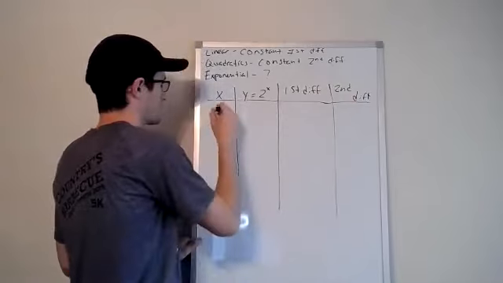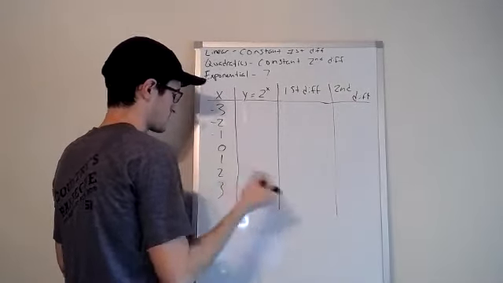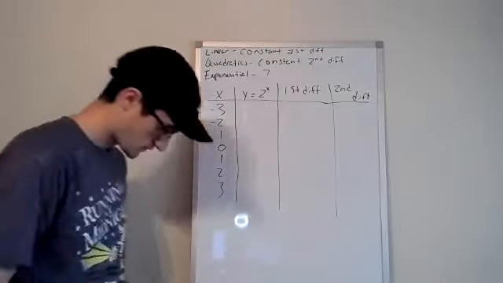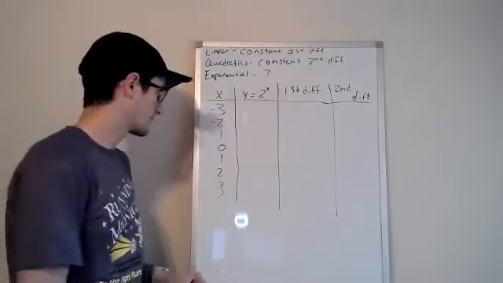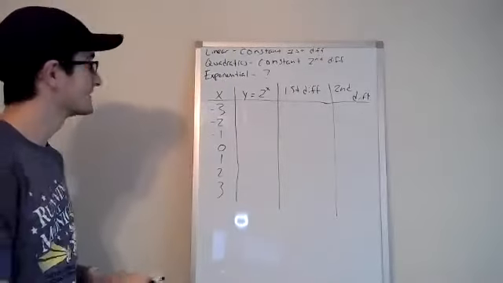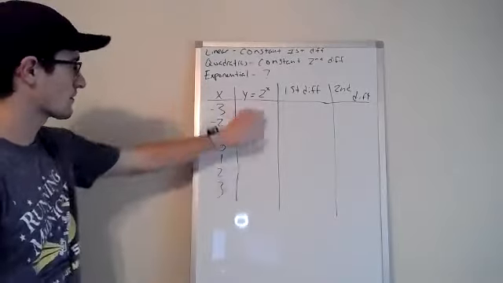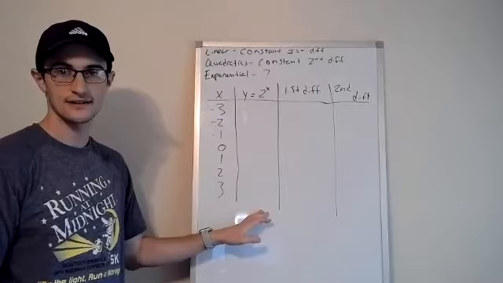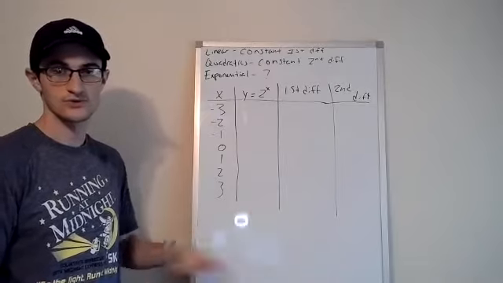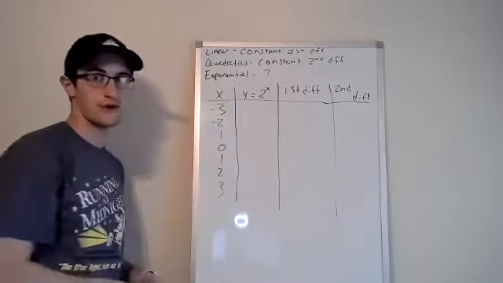Again, it's -3, -2, -1, 0, 1, 2, 3. Just copying down the notes there, not pulling anything out of thin air yet. Remember, this is our x values and this is our y values. To get the y values, you need to plug in the values for x: -3, -2, and so on.